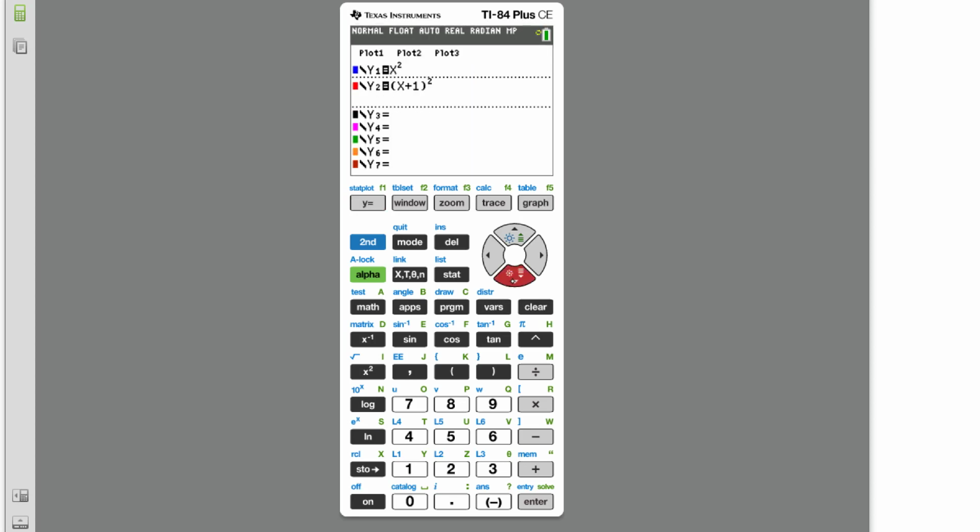Now let's take another one. Let me clear this and make it 4x to the second. So what's going to happen to the graph of x squared? Well, it's going to stretch along the y-axis and shrink along the x-axis. Let's see what happens if we have negative x squared.